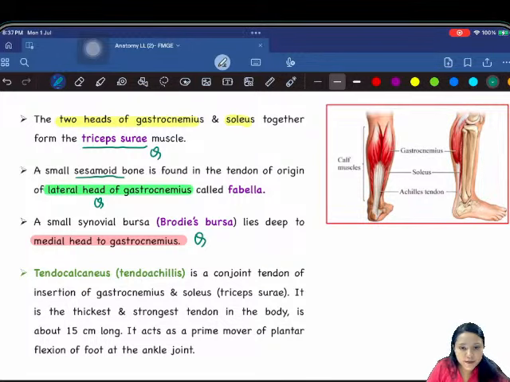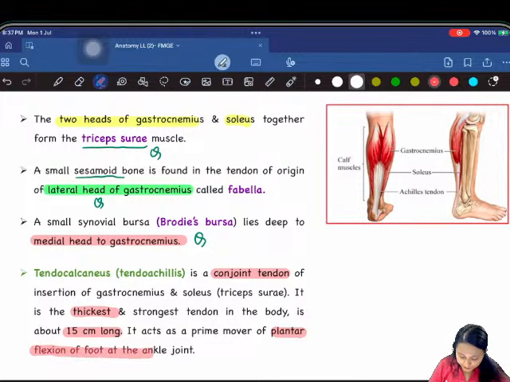Now, tendocalcaneus or tendoachilles, which we have already discussed, is a very strong tendon. The gastrocnemius and soleus together insert as the tendoachilles tendon, and it is very thick and the strongest in the body, around 15 centimeters. This is a prime mover for plantar flexion of the foot at the ankle joint.